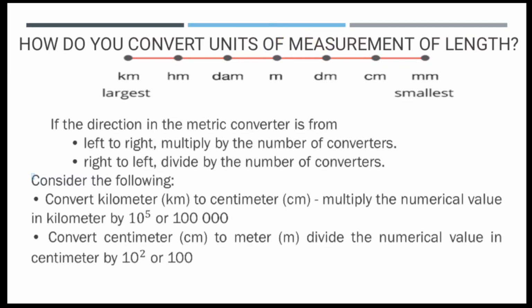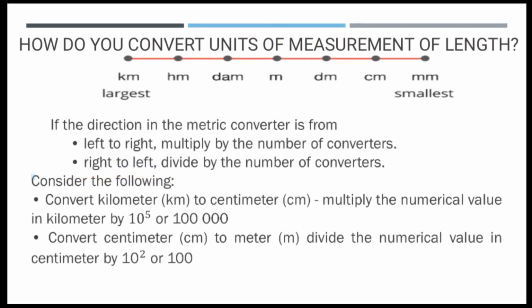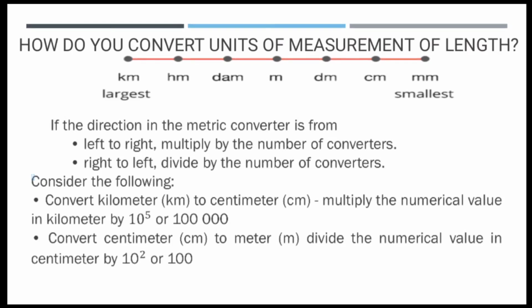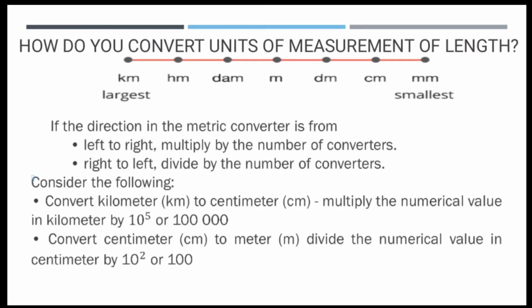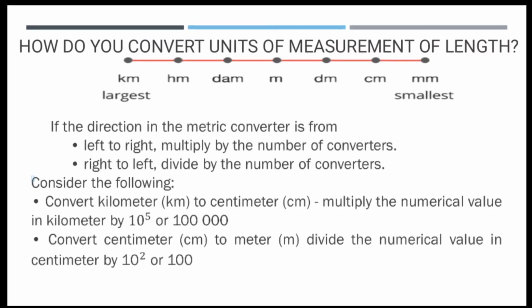So 3 units from right to left. In that case, we have to divide the given number by 1,000, since 3 units means 3 zeros, and 1,000 has 3 zeros.